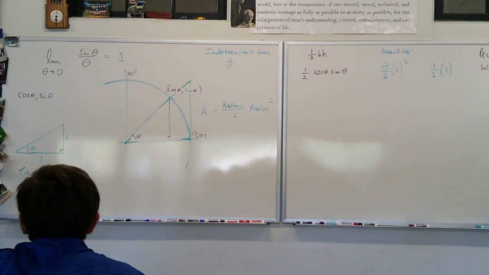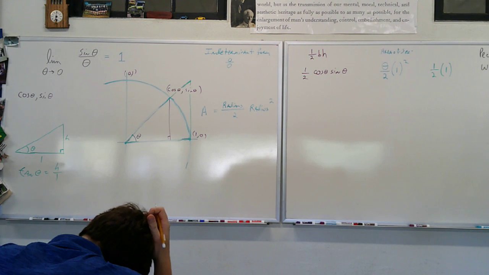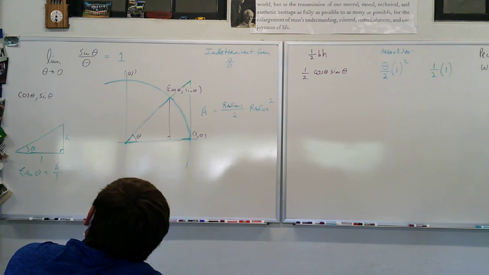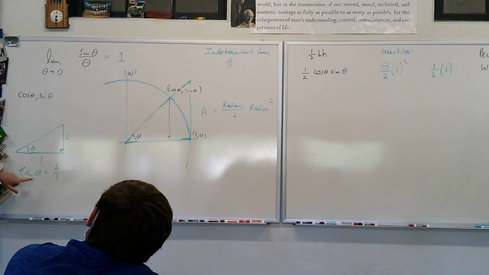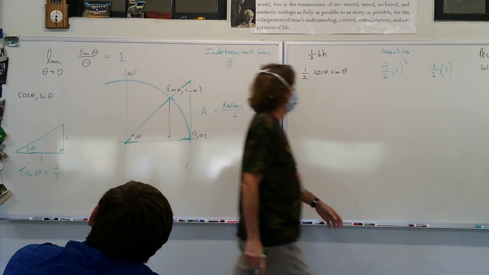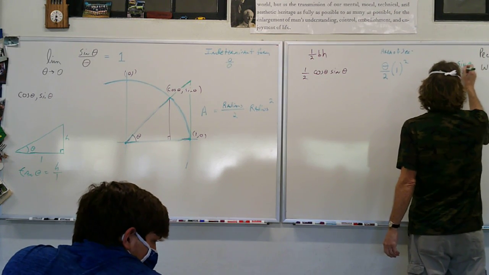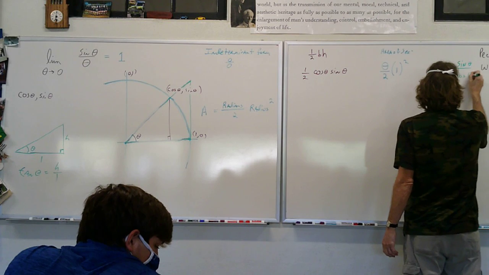I'll admit it, this is the hard one to get because you just don't, you know. We were weak when we taught you earlier in life. So the h is equal to what? Tangent theta. I'm not going to write tangent theta over here. I'm going to write sine theta over cosine theta.